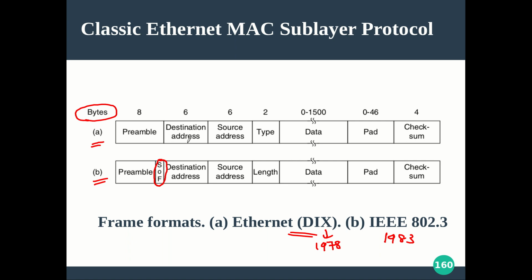By looking at the destination address, it can compare whether it is the actual recipient of the frame. If that is the case, it will accept, otherwise it will not accept. It's a kind of broadcasting that is happening in the local area network, right? And the source address identifies the source from which the frame is coming.